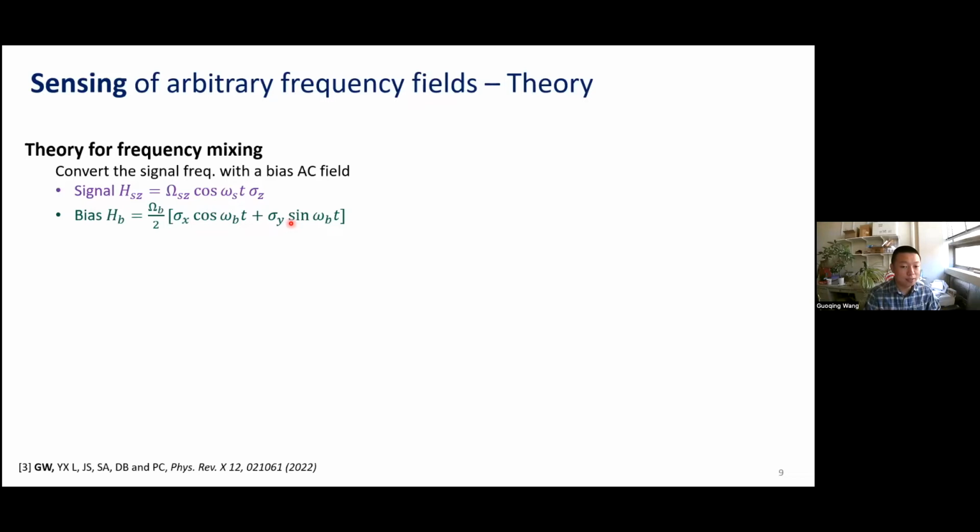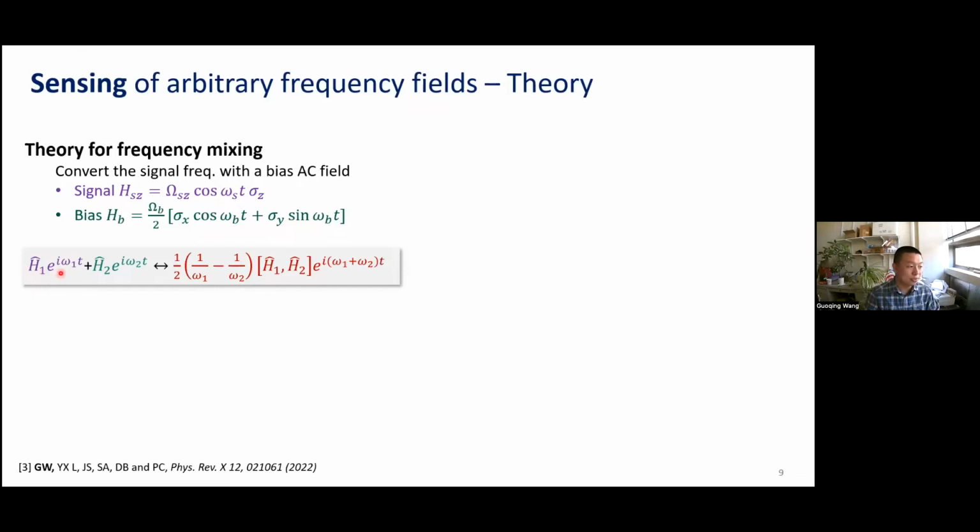And the basic idea of the Floquet theory is that you can convert the time-dependent Hamiltonian in the Hilbert space to a time-independent one in the Floquet space. And then by solving the Floquet space Hamiltonian by performing some block diagonalization, you can then obtain some effective Hamiltonian. And finally, after converting back to the Hilbert space, you obtain the real effective Hamiltonian in the Hilbert space.